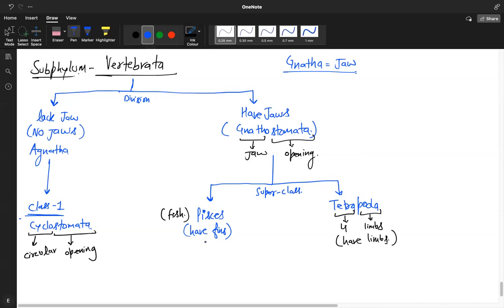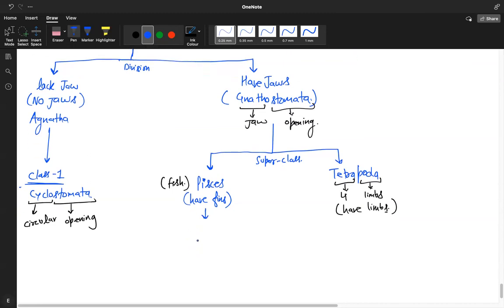Now the classes will start. In the Pisces, we will be studying the second class, class 2. Appendages and limbs are the same, right? Appendages can also contain fins. In a fish, fins are the appendages. In a human, legs and hands are the appendages.